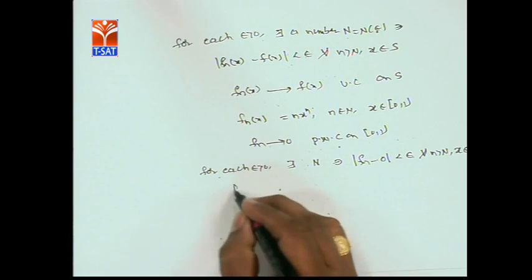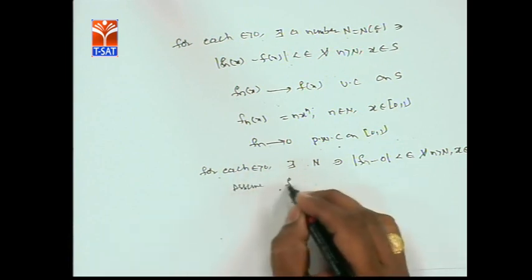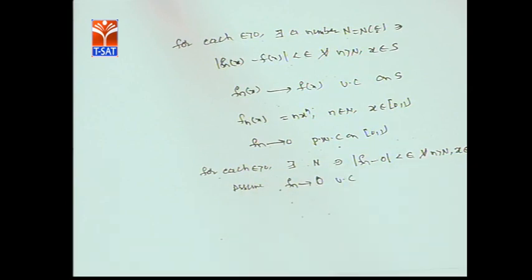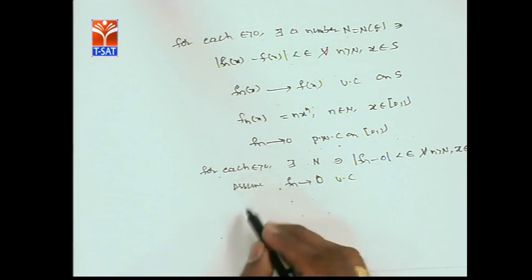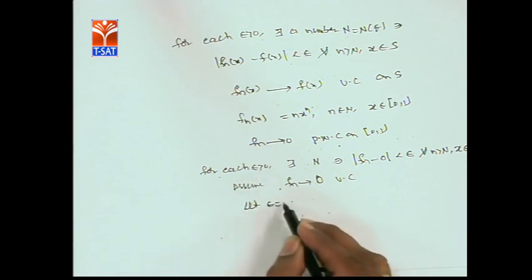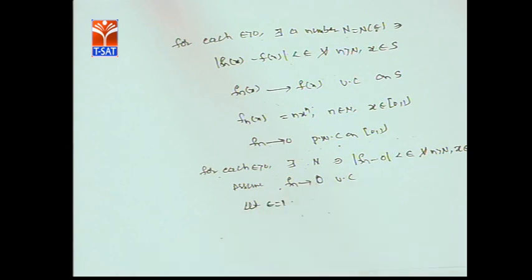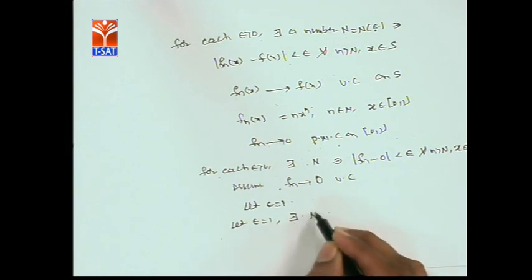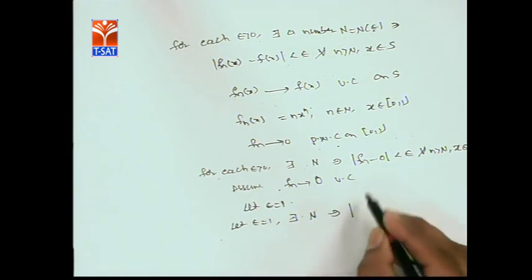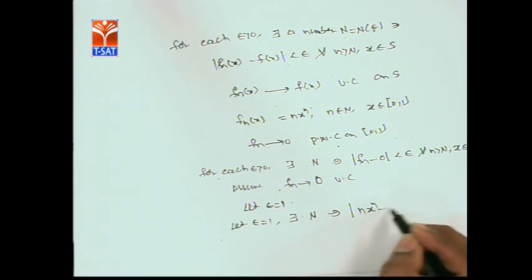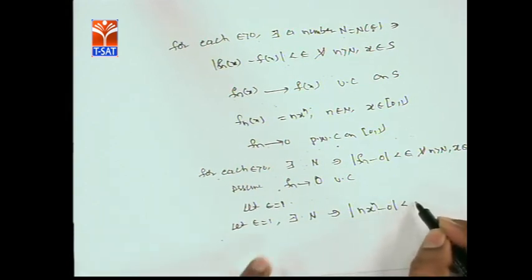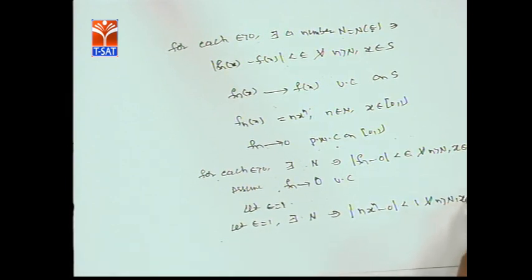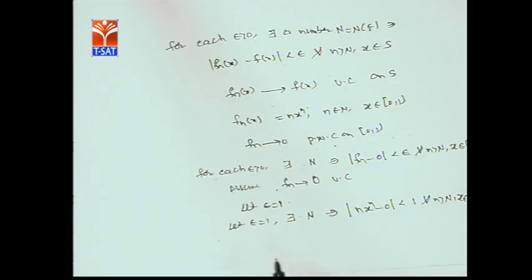If we assume fn converges to f, or 0, uniformly, which is true for all epsilon greater than 0, therefore let us suppose epsilon equal to 1. For epsilon equal to 1 also there exists a number N such that |n x to the power of n - 0| less than epsilon, here 1, for all n greater than N and x belongs to [0,1).